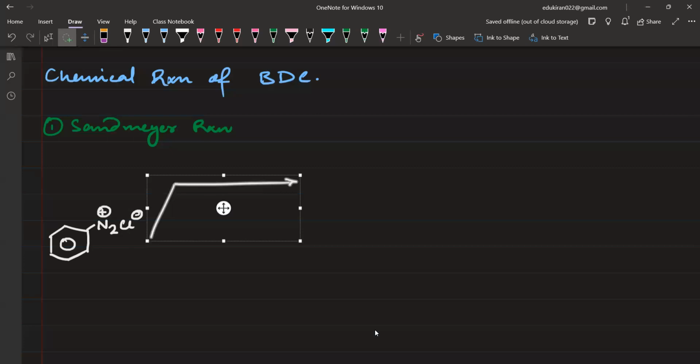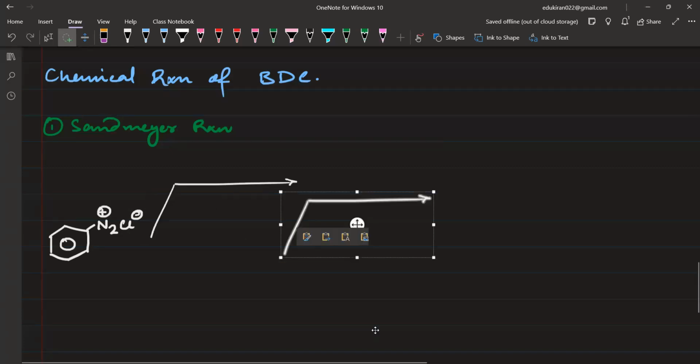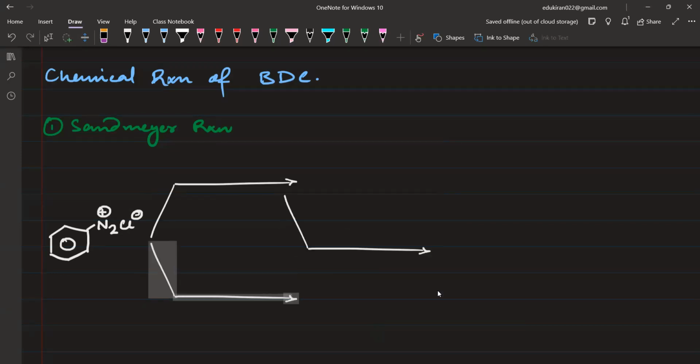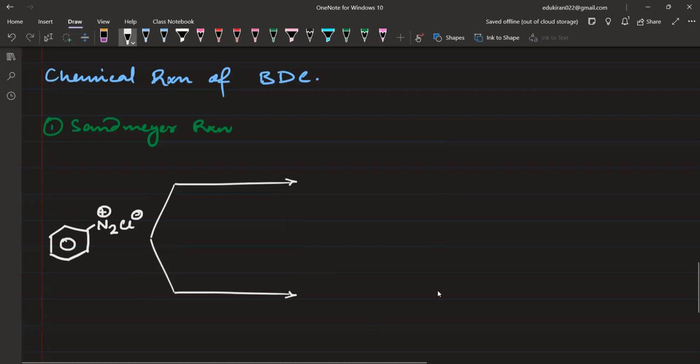There are three reagents with which it can react. एक तो हो गया आपके पास cuprous chloride, Cu2Cl2 in the presence of HCl. ठीक है, cuprous chloride लिख देते हैं हम इसको, cuprous chloride. ठीक है, in the presence of HCl.